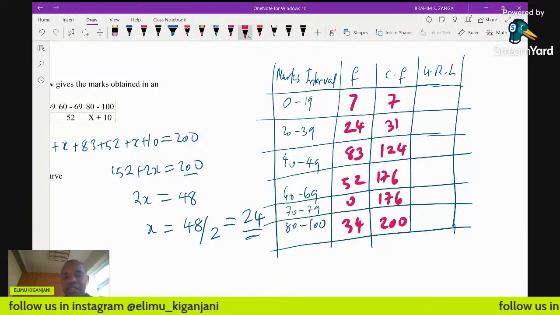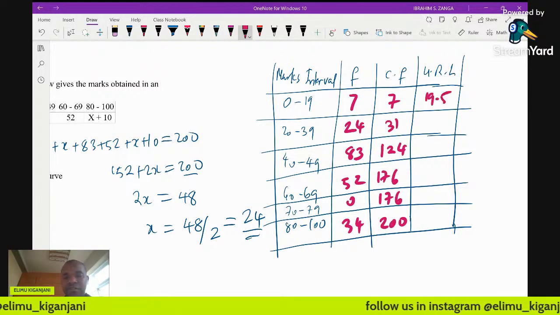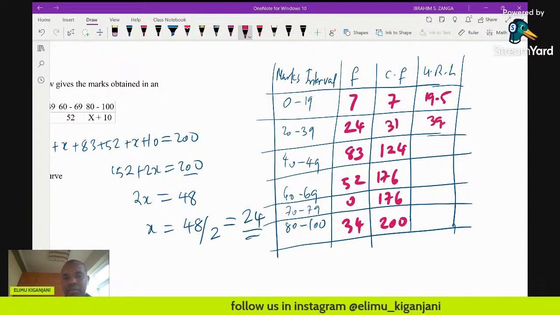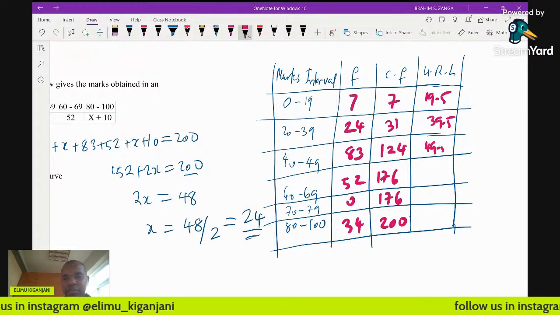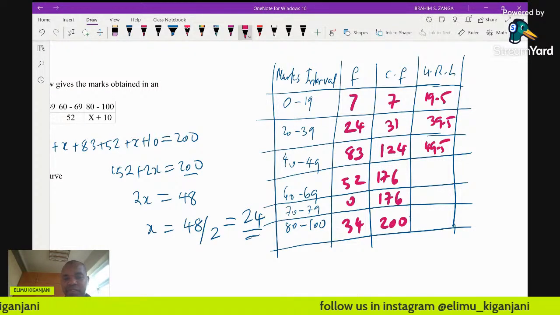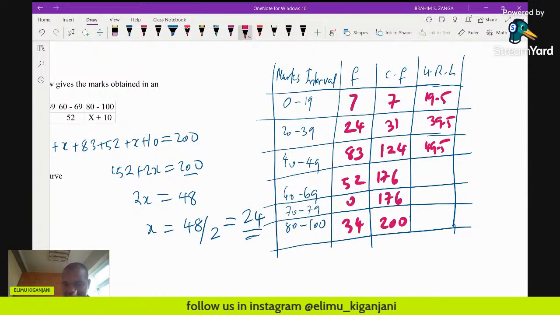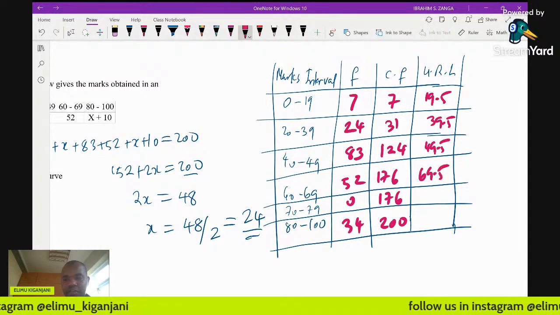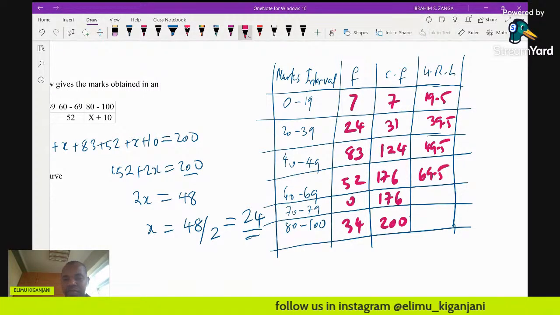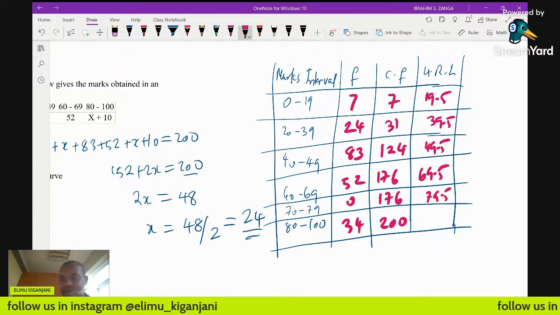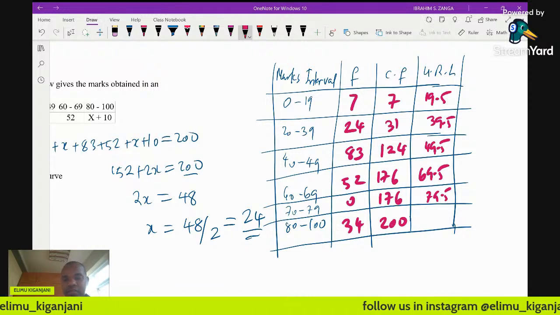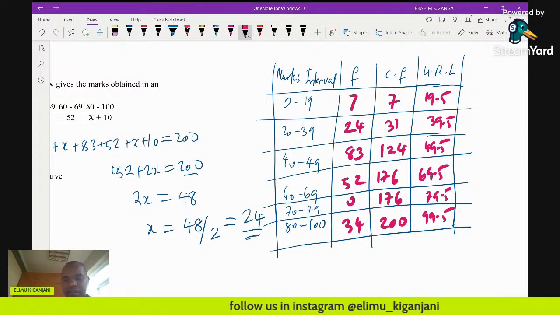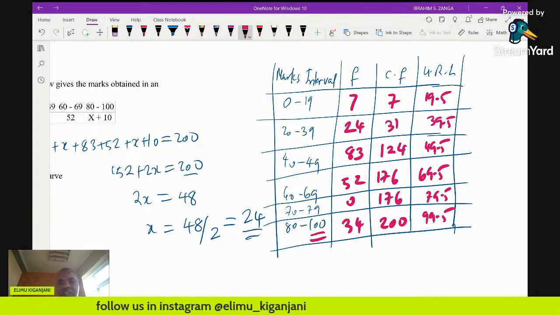So upper limits, here you have 19.5, 39.5, 49.5, 69.5, actually 79.5, and here you have 99.5, because I think there is no significance in using 100 like that.